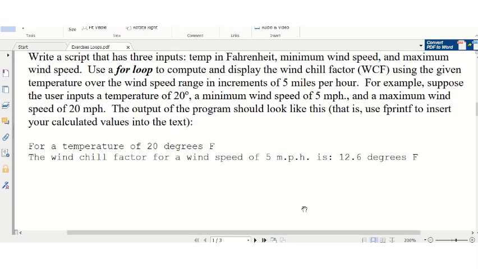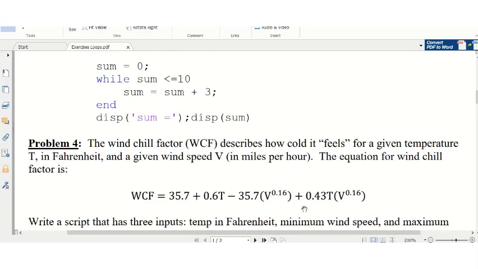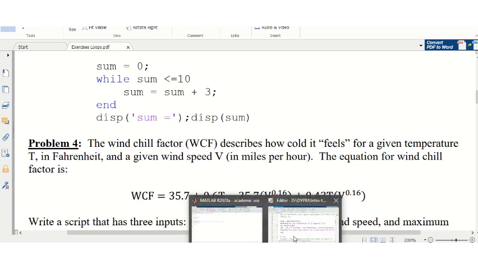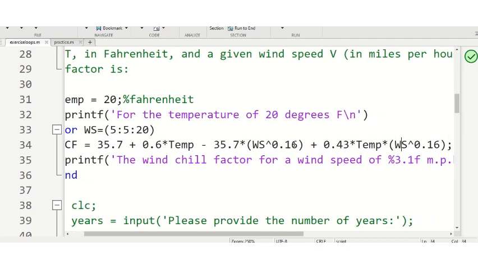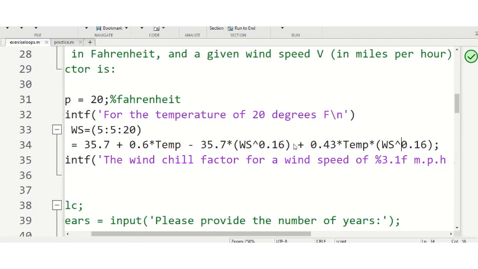You can see here 35.7 plus 0.6 T, where T is the temperature and V is the wind speed. So we have written 35.7 plus 0.6 times temp minus 35.7 times wind speed to the power of 0.16 plus 0.53 times temp times wind speed to the power of 0.16.